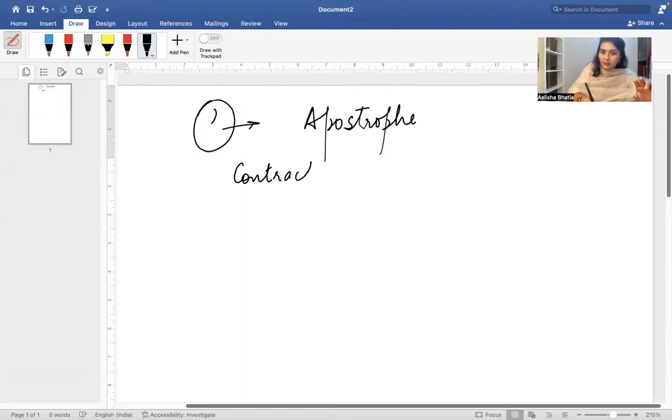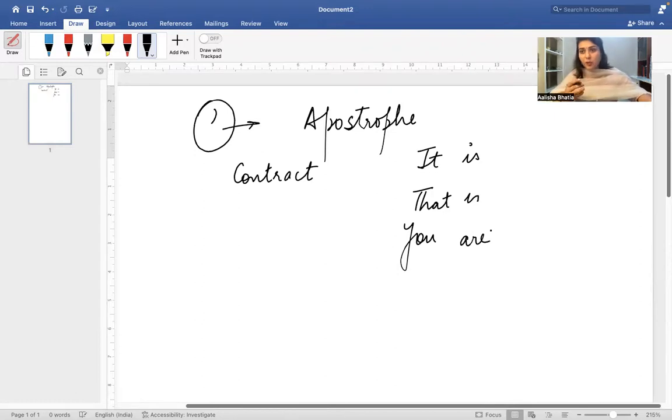When we contract something, for example, I'm writing it is, that is, you are. When we speak, we do not say "you are looking pretty" in full; we simply say "you're looking pretty."